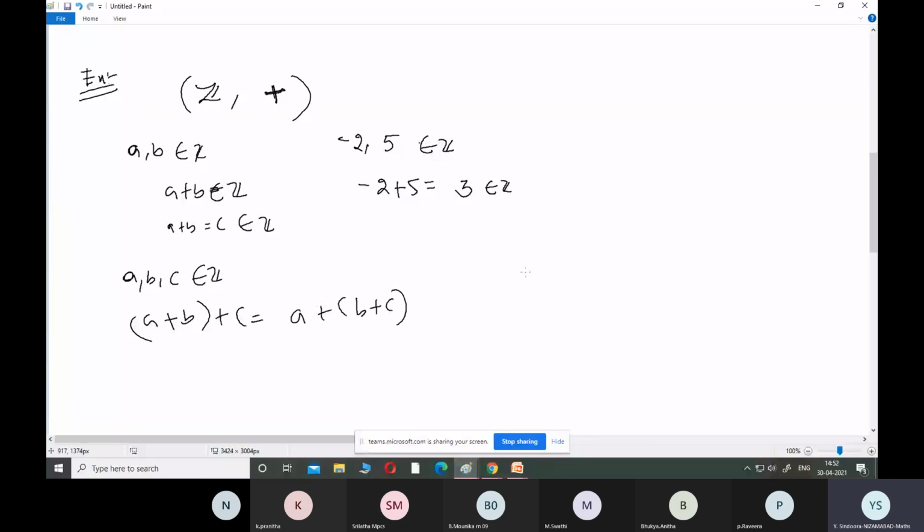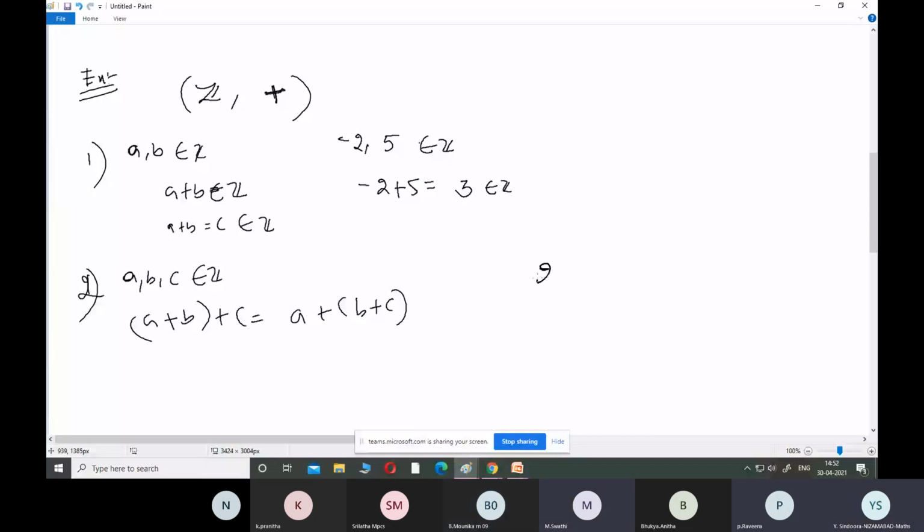Give me three elements of Z, and let me check whether associativity is satisfied. Let us check. Give me three elements of Z. 7, 2, okay.